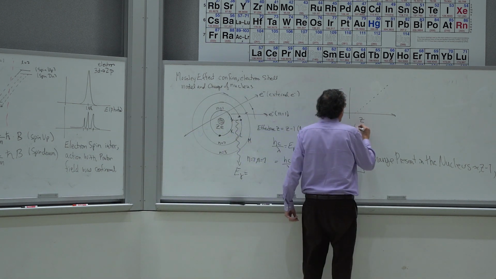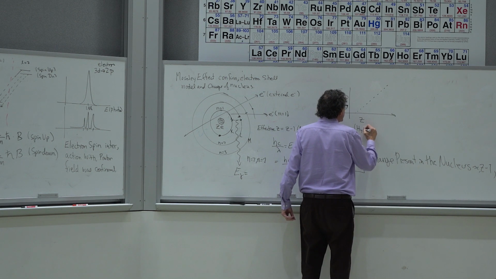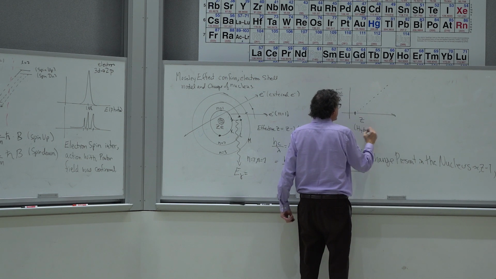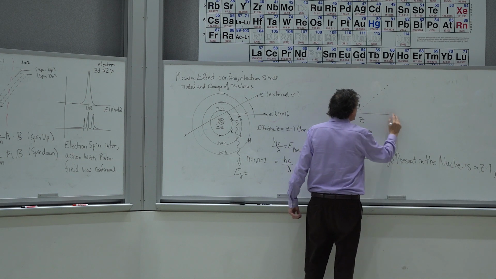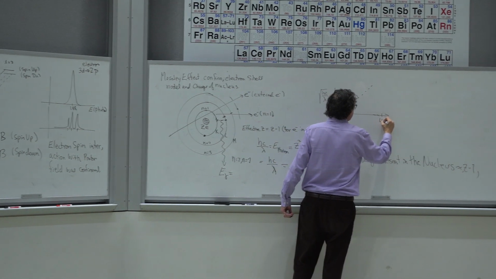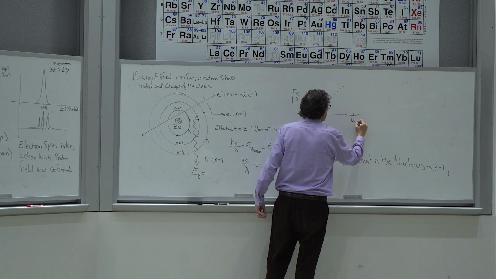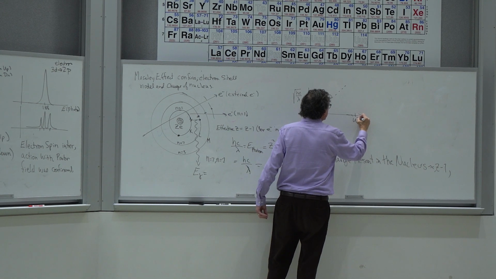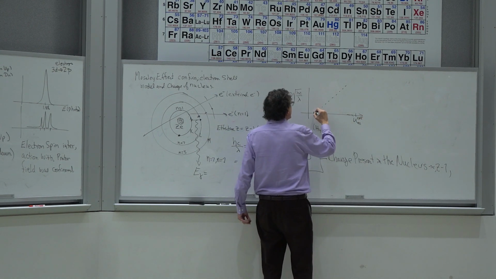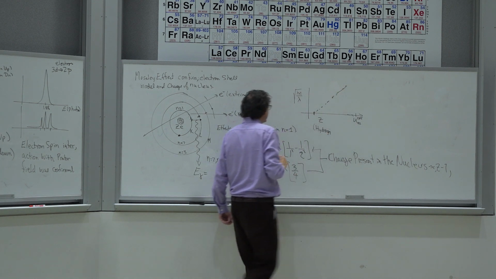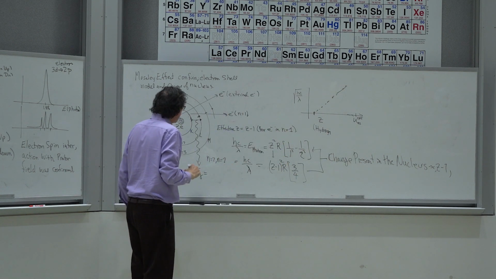So this transition from n equals 2 to n equals 1 was proportional to Z minus 1. We do this for hydrogen, where Z equals 1, and we go all the way up to uranium, 92-235, for example. And you measure these energies. These energies are in the X-ray range.